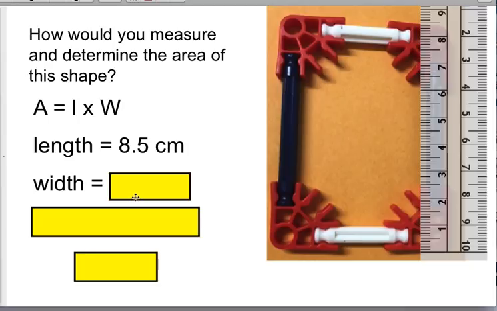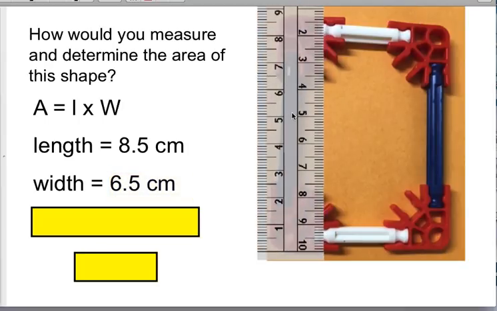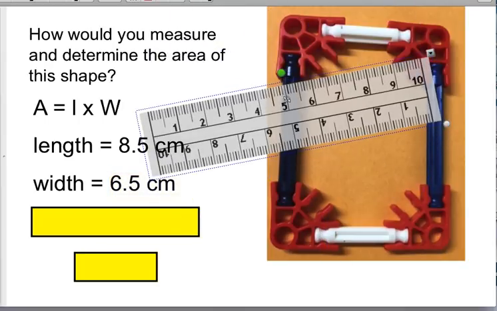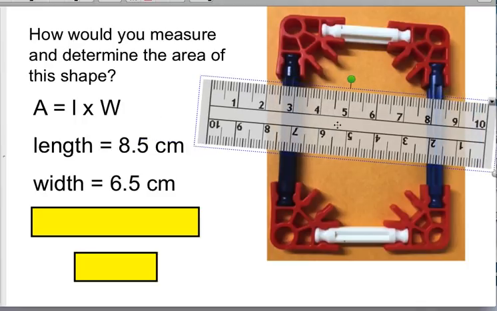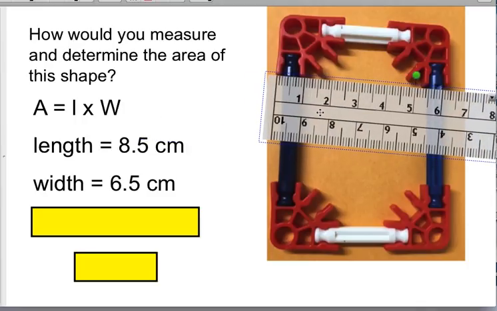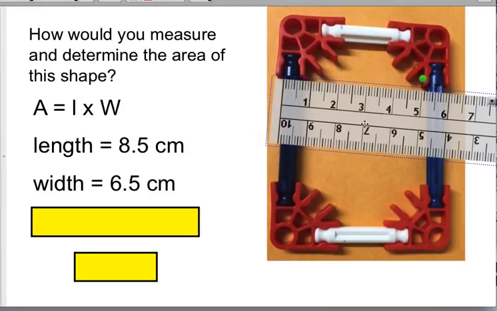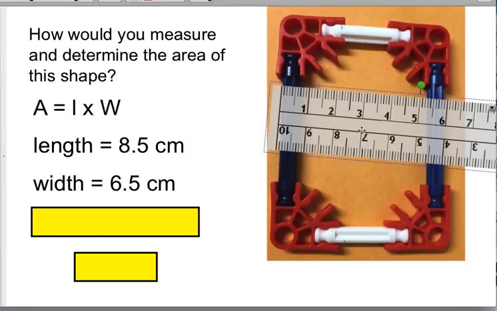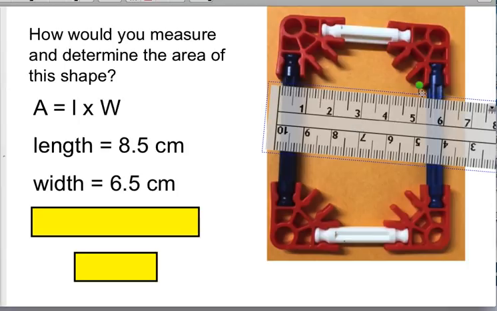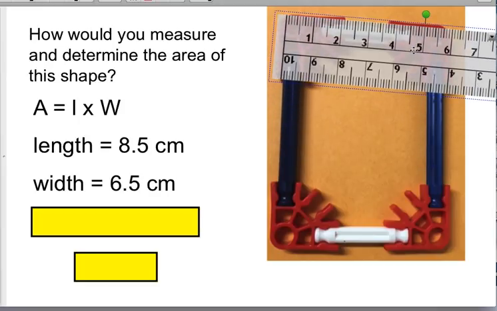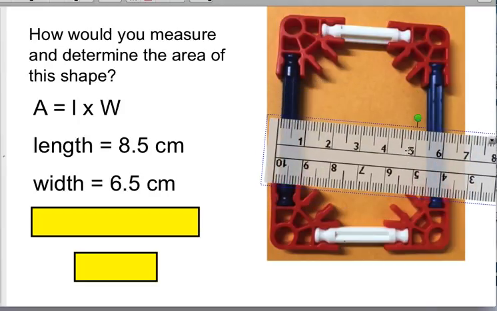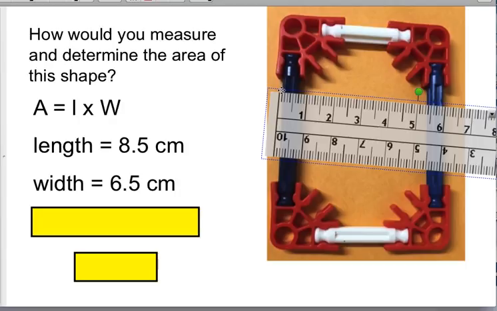If we take our ruler and we turn it, we'll see that we have approximately 6 5/10 of a centimeter. So if we measure across, we're going to go from the red connector edge to the red connector edge. We could easily have gone from the blue rod edge to the blue rod edge down here. And you'll notice that I'm not specifically going up to either a top or bottom, but I'm measuring somewhere down in here.